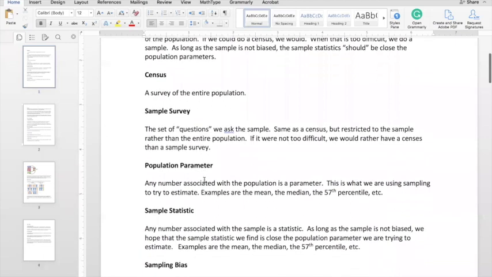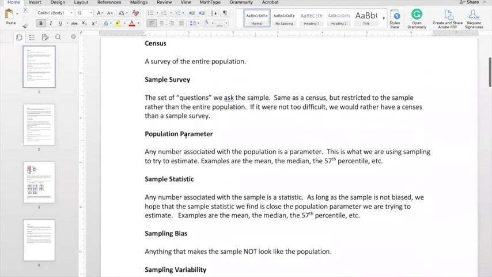These two confuse people, parameters and statistics, because you have in your head that this word parameter means like a limit or a bound. And that's not what it means in this class. It just means it's a number that came from your population. Population mean, the median, the 75th quartile, the max, these are all population parameters.